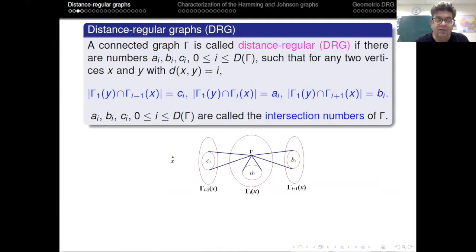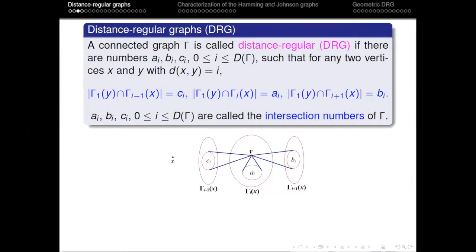If there are numbers a_i, b_i, c_i, for i between 0 and the diameter, such that for any two vertices x and y at distance i, the number of neighbors of y at distance i-1 from x is c_i, the number of neighbors of y at distance i from x is a_i, and the number of neighbors of y at distance i+1 from x is b_i.